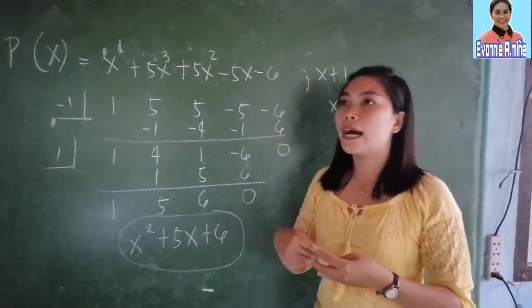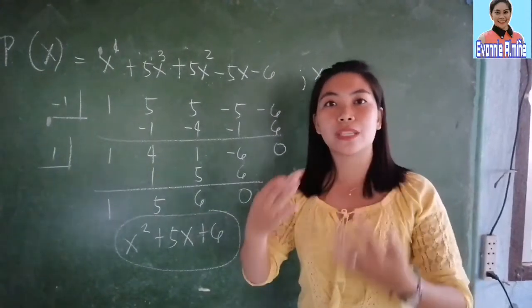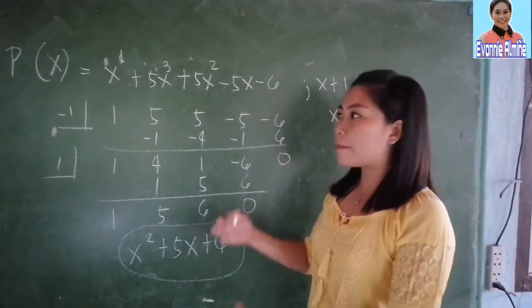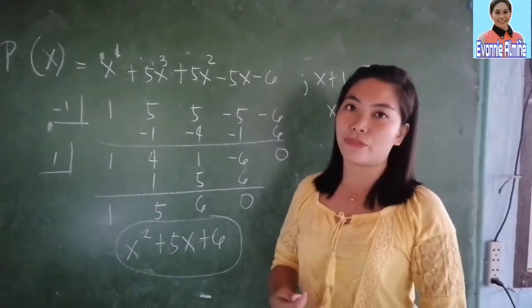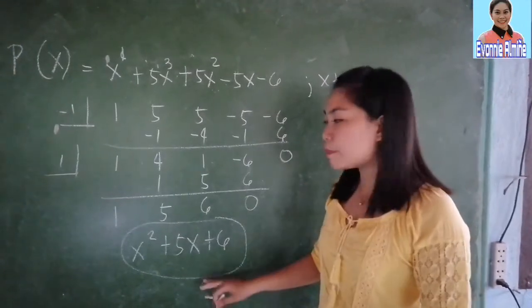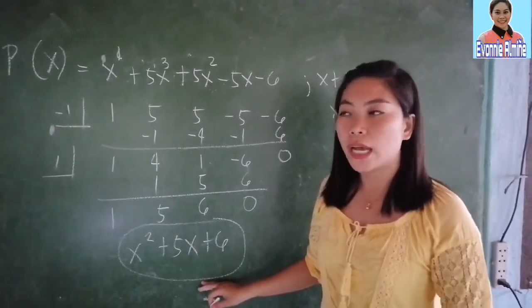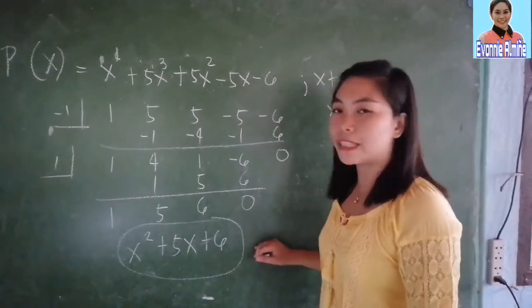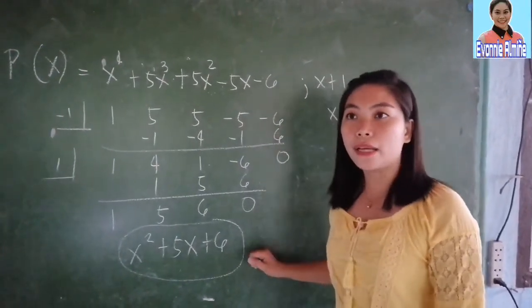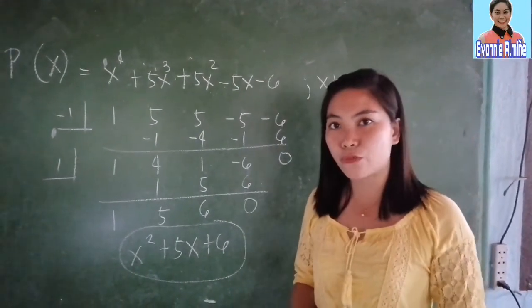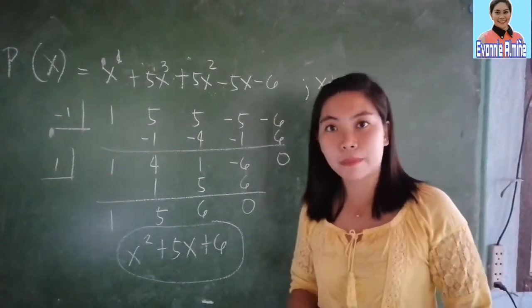Okay, sinasuggest ko or nire-recommend ko po sa lahat ng mga estudyante ko na kapag we are going to find the other factors of that polynomial equation, kapag quadratic equation na yung natira or the depressed equation, ang tawag po kasi dito is depressed equation. So kapag quadratic equation na lang po siya, I advise to apply the quadratic formula kasi po para mas madali.